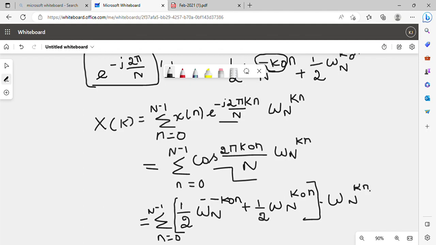Now I have 1 by 2 as common, so I'll remove 1 by 2 outside.